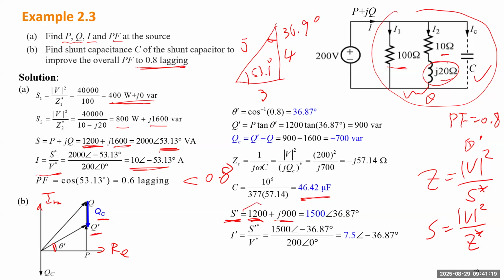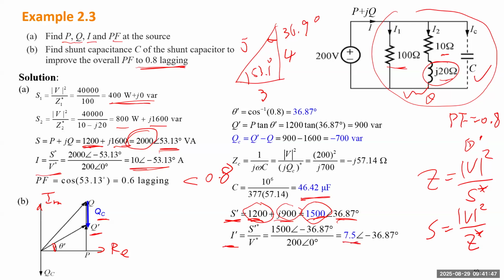So you see the real part doesn't change at all, but the imaginary part becomes smaller, and the angle becomes around 36.9 degrees, and the magnitude is changed from 2000 to 1500. So apparent power decreased, but active power is the same.